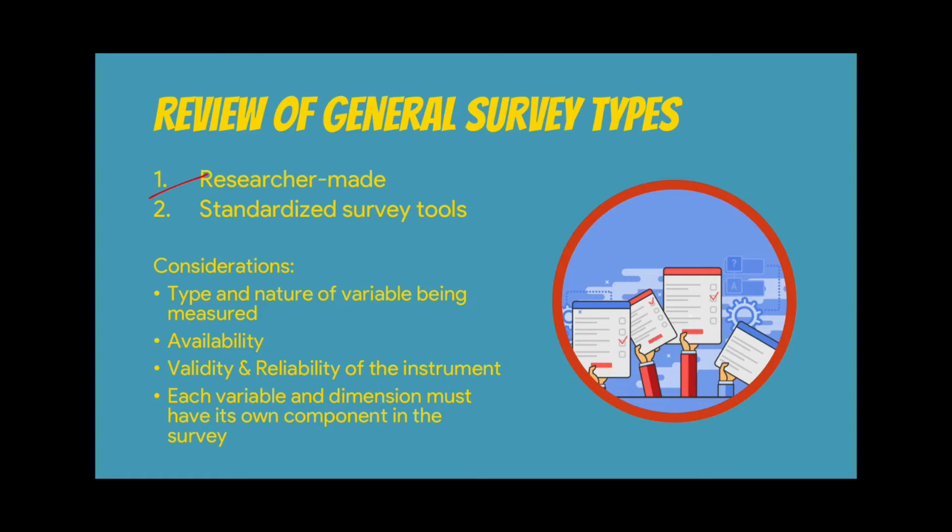But if you were able to get an instrument or a scale that measures your variables that has undergone specific psychometric tests or statistical validation in order to measure that specific variable, then that's called a standardized survey tool. So ideally, especially when you're measuring the main variables of the study, we favor more standardized survey tools.